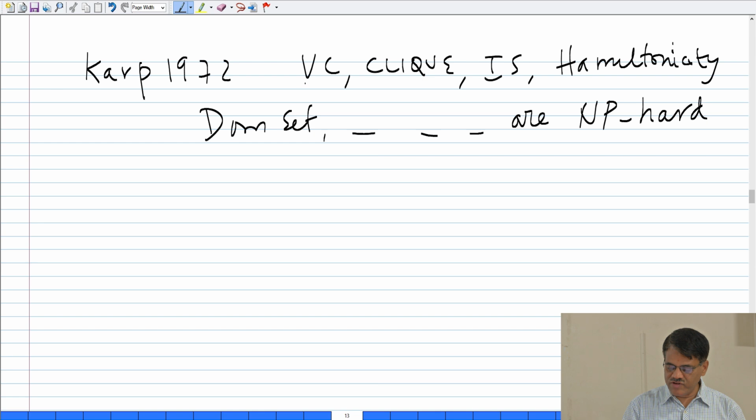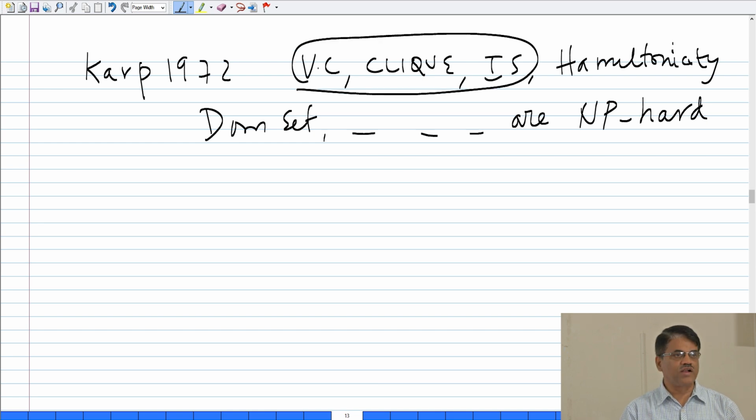We know that these three will go together. If any one of them is NP hard, we know the other is NP hard, because of the polynomial reductions between them anyway.